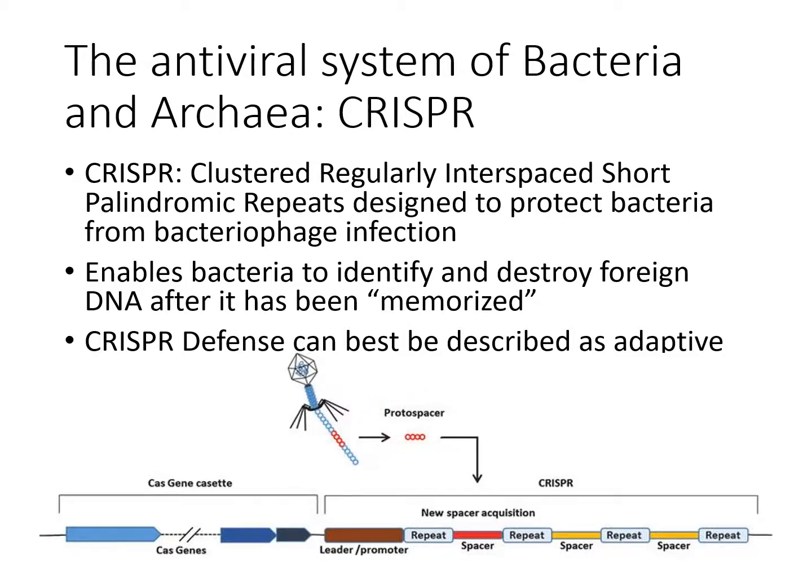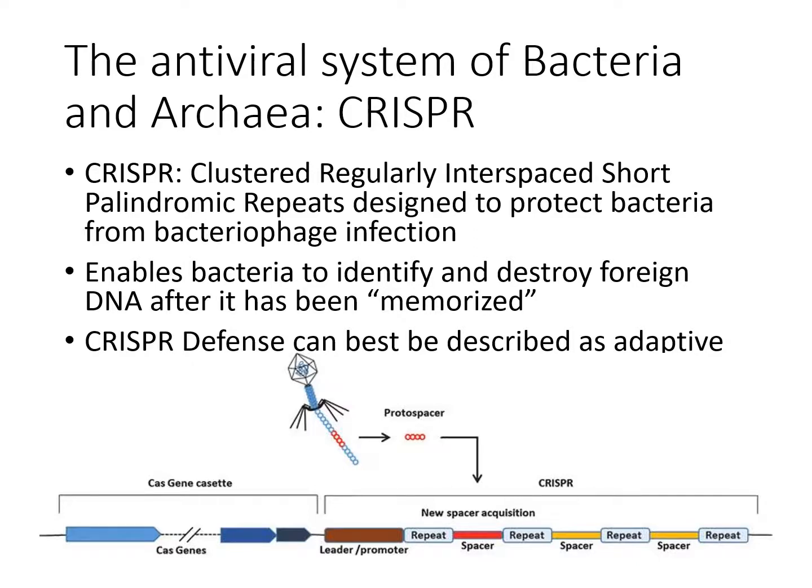And there are enzymes within the bacteria that can take that Proto Spacer and actually integrate it into the CRISPR array. So you see the red portion that is being injected by the bacteriophage becomes part of the CRISPR array or the CRISPR locus.